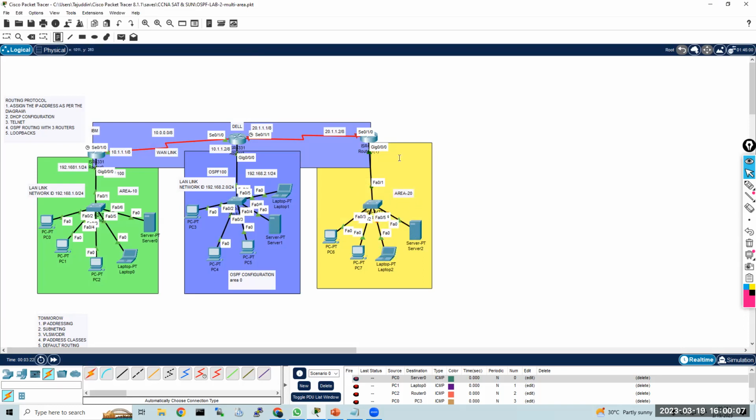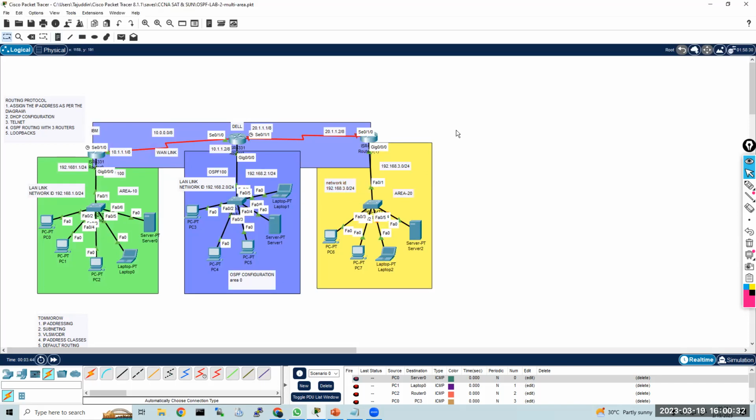So what is this network? I think I should give 192.168.3.0 network /24. And what is the network ID for this one? 192.168.3.0/24.